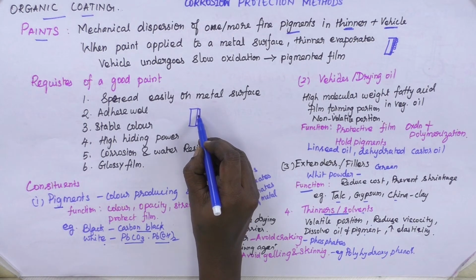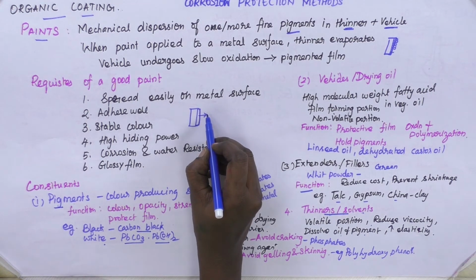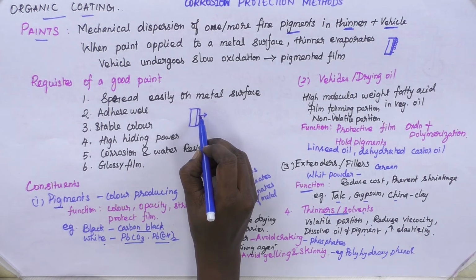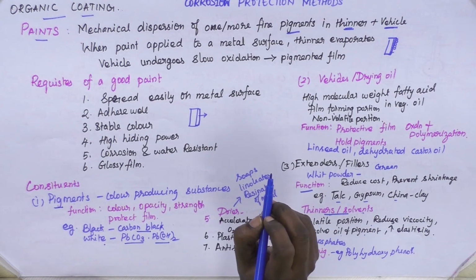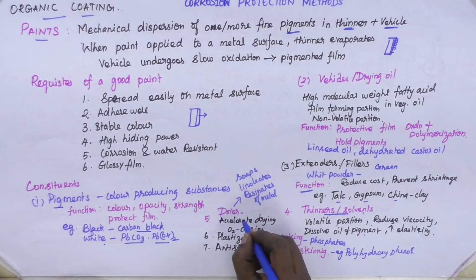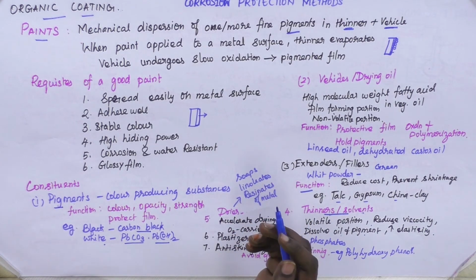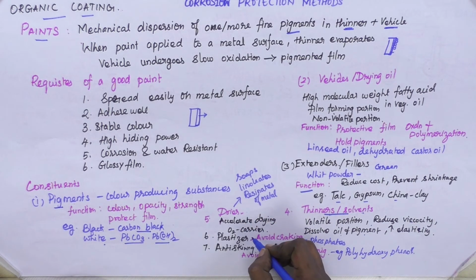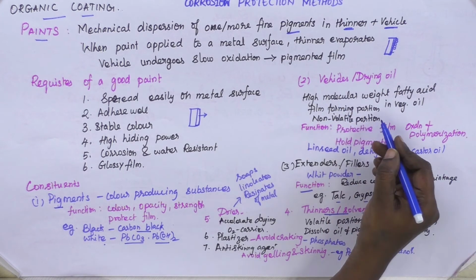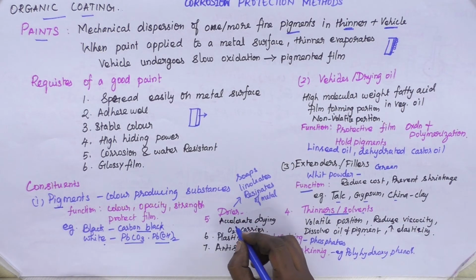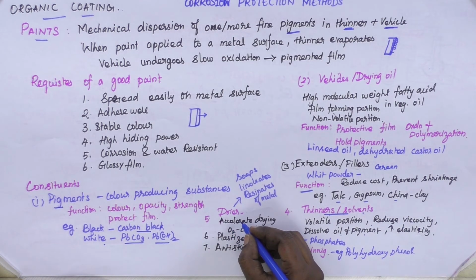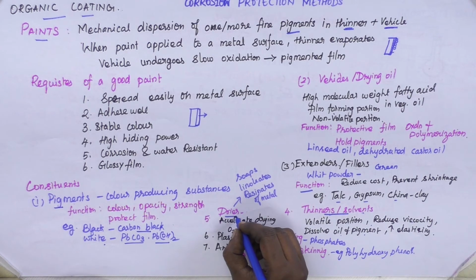The thinner present in the paint slowly evaporates, and the dryer present in the paint maximizes the availability of oxygen and initiates the polymerization of the vehicle or vegetable oil to form a film. To make the polymer film we need oxygen. For that we are adding dryer.